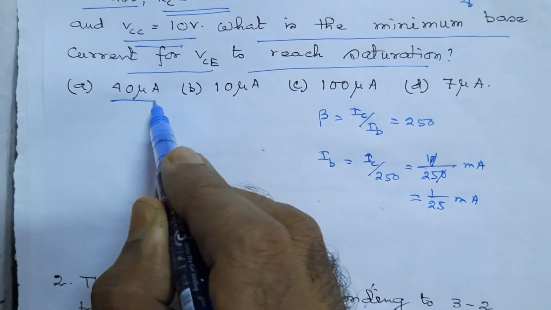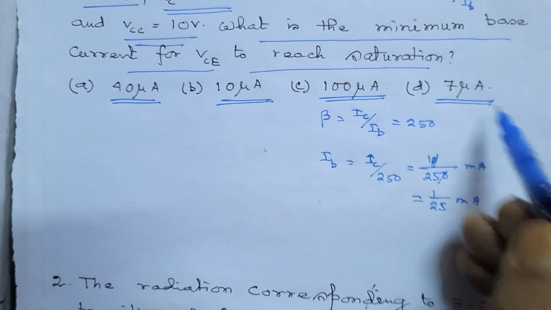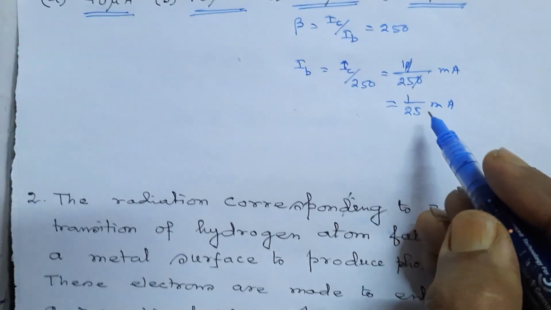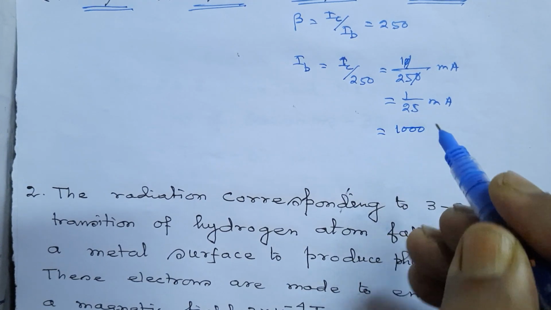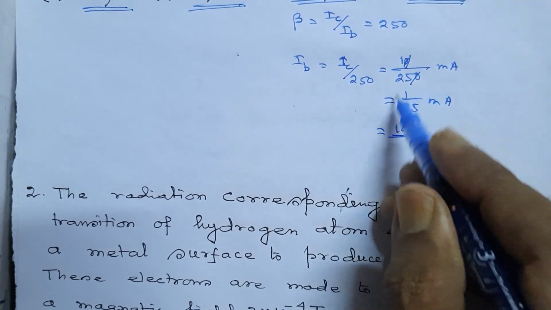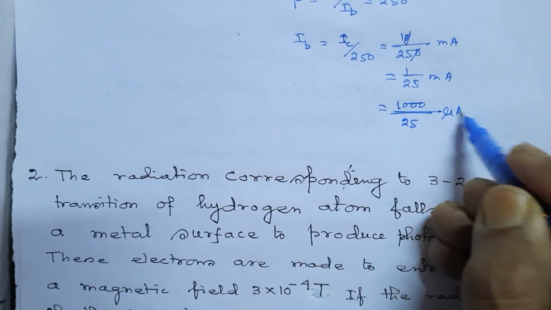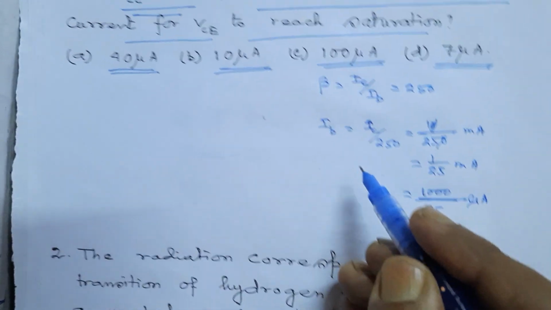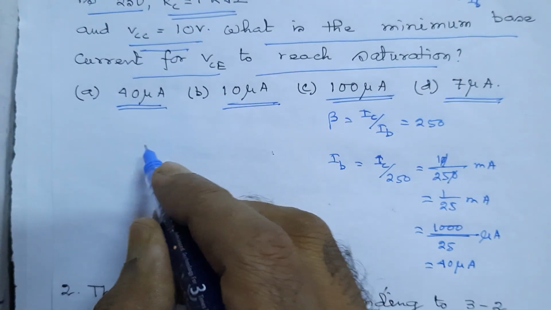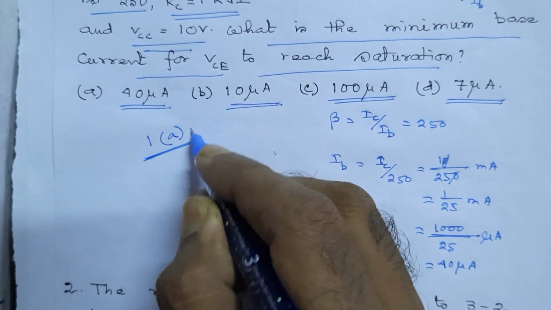But all the options are given in microampere, so convert this current to microampere. Multiply 1/25 by 1000 to get the current in microampere, and that is 40 microampere. Hence our correct option is A. So the answer to question number 1 is A.